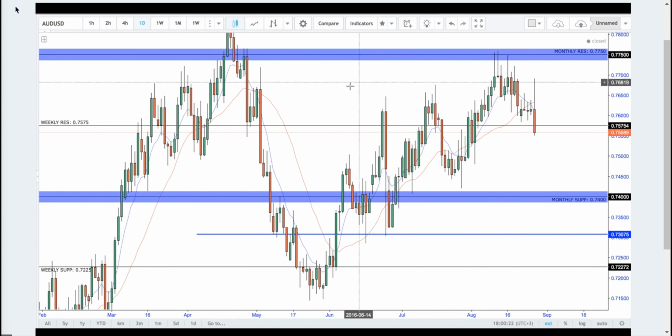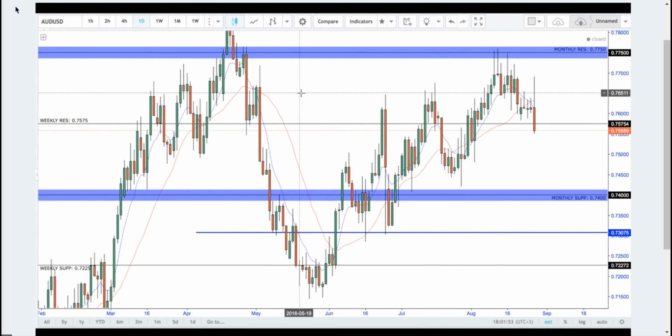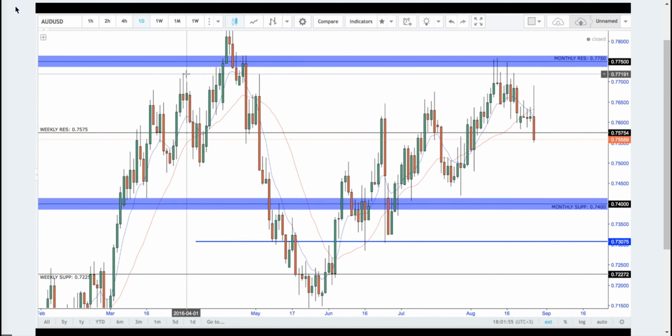And I've already mentioned that if we start to plot too many key levels of support and resistance, we are going to start to struggle. So that's just something to bear in mind. So I'll probably deviate from this high here, even though it's a great point, and maybe focus on something relatively midway between the weekly resistance and the monthly resistance.